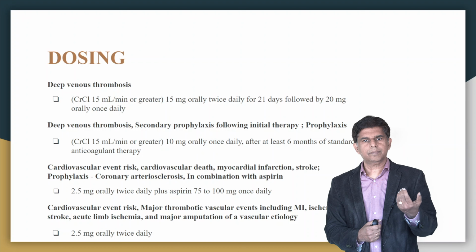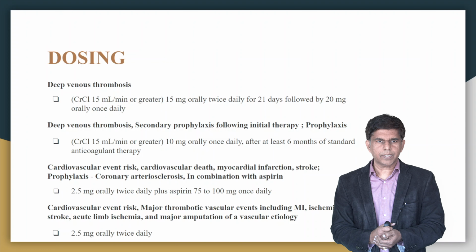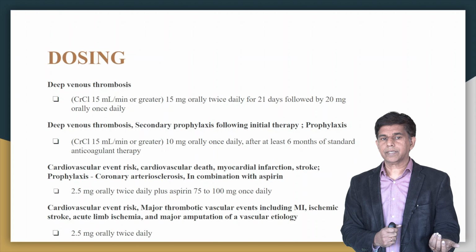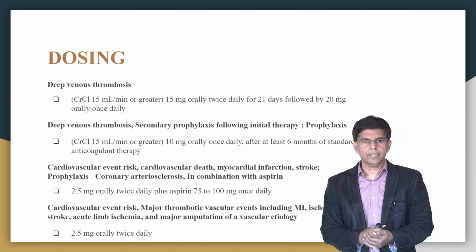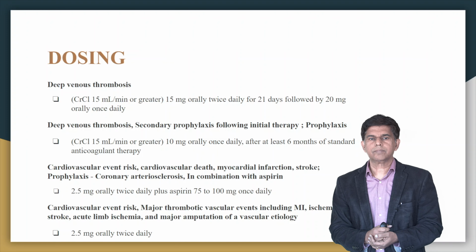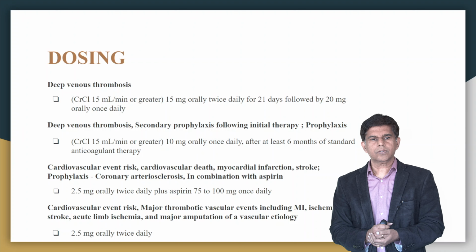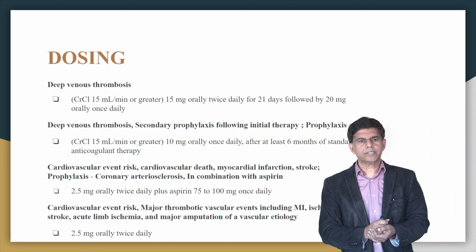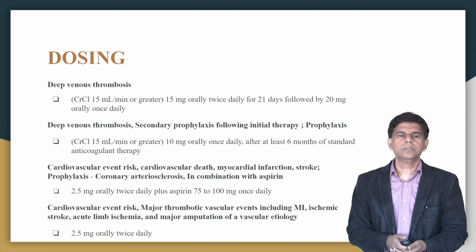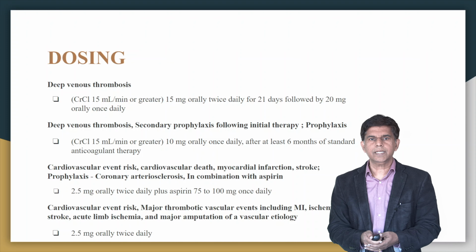Cardiovascular event risk, cardiovascular death, myocardial infarction, stroke prophylaxis, coronary artery disease in combination with aspirin, 2.5 milligram orally twice daily. And cardiovascular event, major thrombotic vascular events including MI, ischemic stroke, acute limb ischemia, and major amputation of vascular etiology, you can do prophylaxis 2.5 milligram orally twice daily.